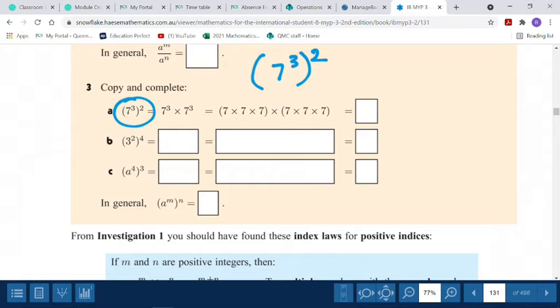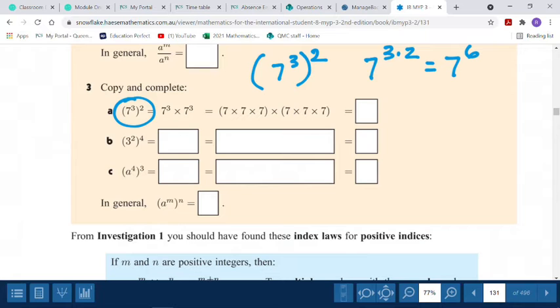Now, if that is the case, then you can just take 7 to the 3 times 2, which gives you 7 to the 6th power. And it's nice and easy, but it only works in very special small cases.